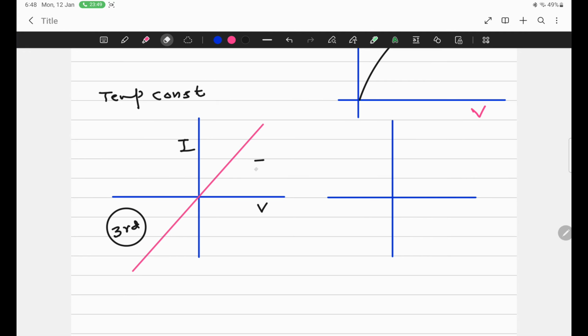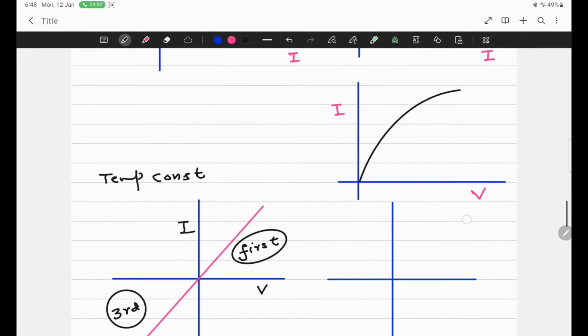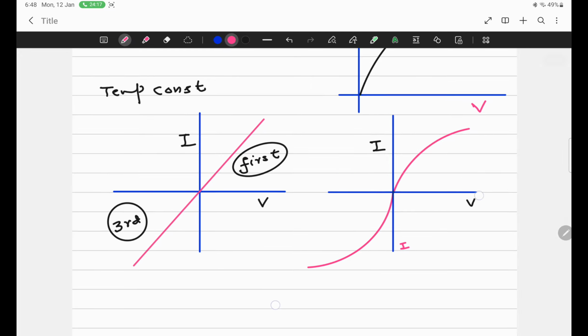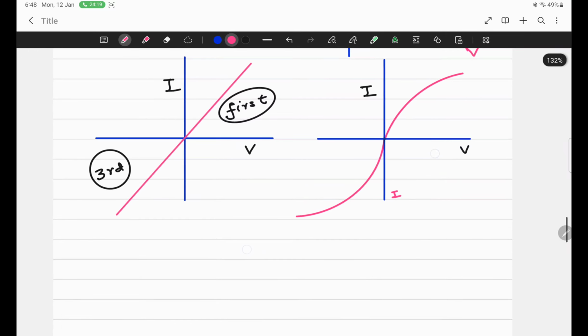Sir, what is the meaning of third quadrant? I am explaining, but you should note down first. The current and voltage graph you will draw in the first quadrant as well as in the third quadrant. In the same way, for the filament lamp, the curve is bending away from the current axis, so the graph will be like this.